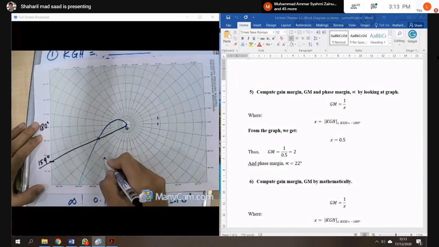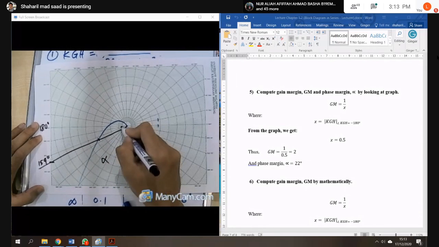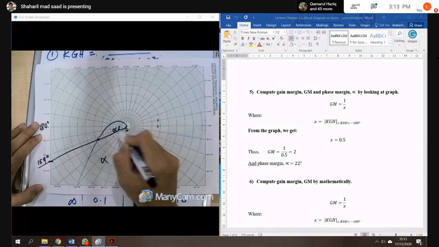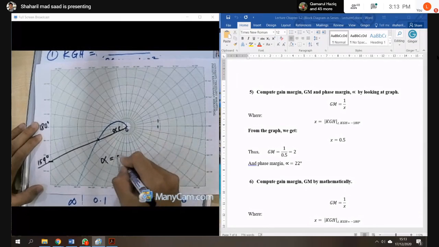In order to find the alpha, that means the magnitude, this is the alpha from the 180. So it equals 180 minus 159 degrees. How much is it? 21. Okay, 21 degrees.